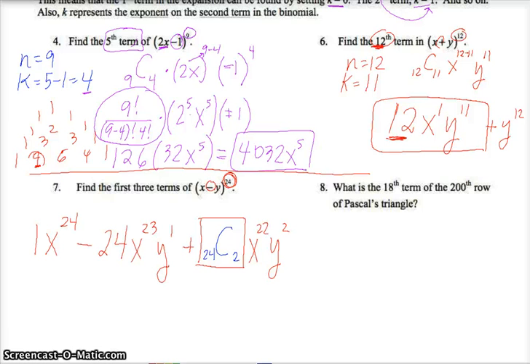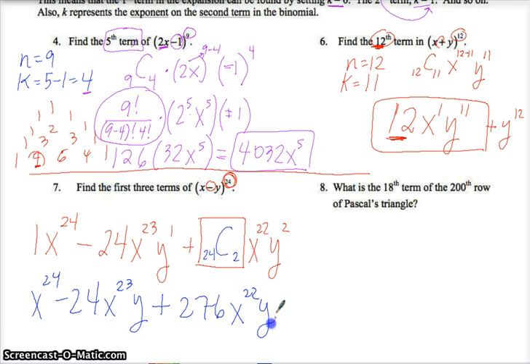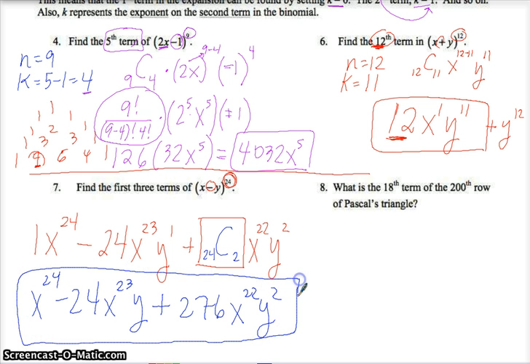So I get 276, so it's x to the 24th power minus 24x to the 23rd y plus 276x to the 22nd power y squared. So here are the first 3 terms of this expansion, which is way easier than actually doing Pascal's triangle and finding out that the third term would be 276 as you add it down to 25 rows.